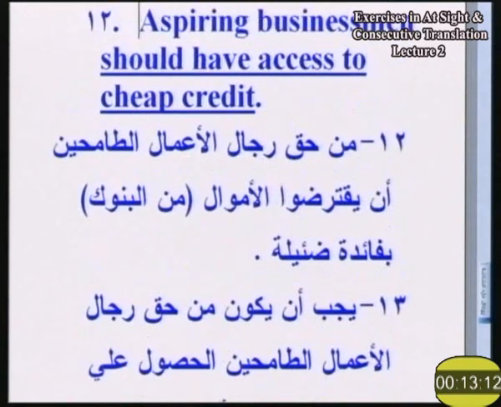For this last sentence, we have two translations actually, 12a and 12b. To have access to cheap credit, that is أن من حقهم اقتراض الأموال بفائدة رخيصة. That is a right given to them.